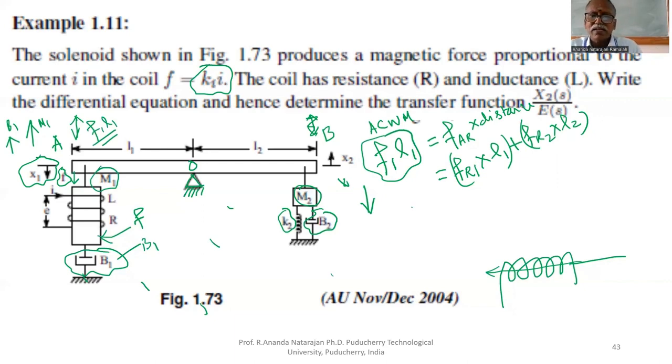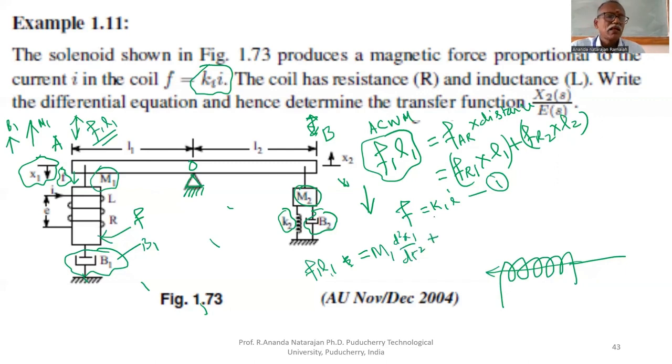So what is the mathematical model? The first equation is F equal to K1 i. Already it is given, but anyhow, it is also part of the mathematical model. The second one is F1 L1 equal to the clockwise moment developed on this side: M1 d squared x1 by dt squared multiplied by L1, plus another force B1 dx1 by dt multiplied by L1.